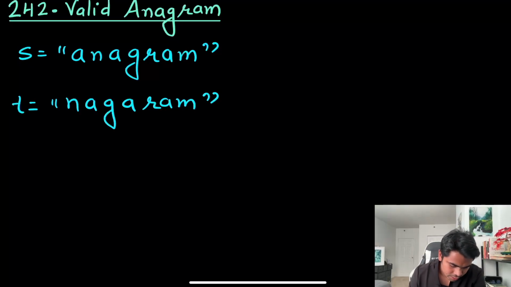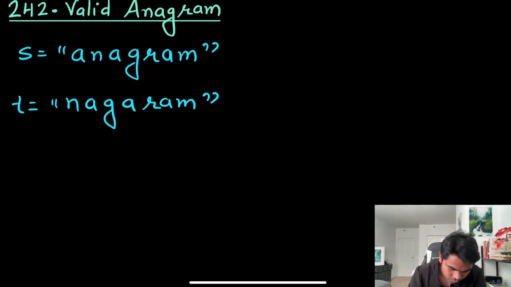As we just read in the definition, all the characters in s have to appear exactly once in t as well. So basically each character needs to appear in s, and their frequency also needs to match.